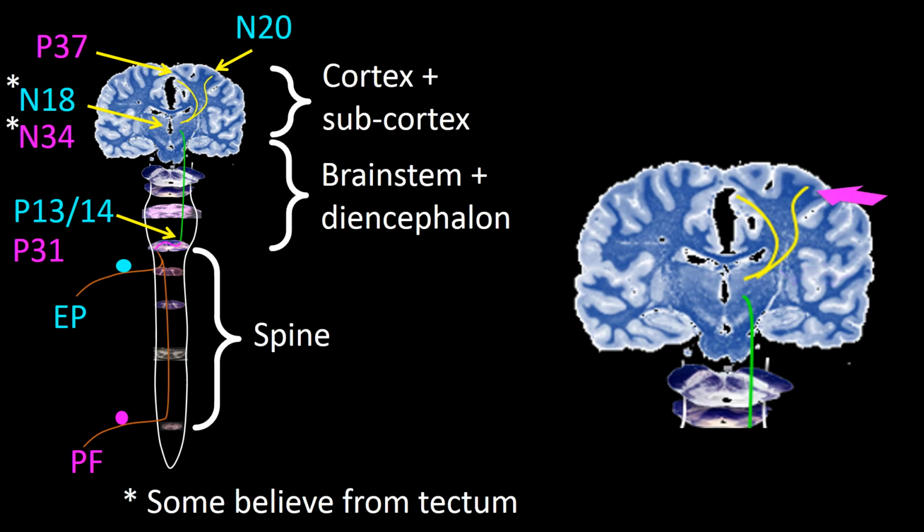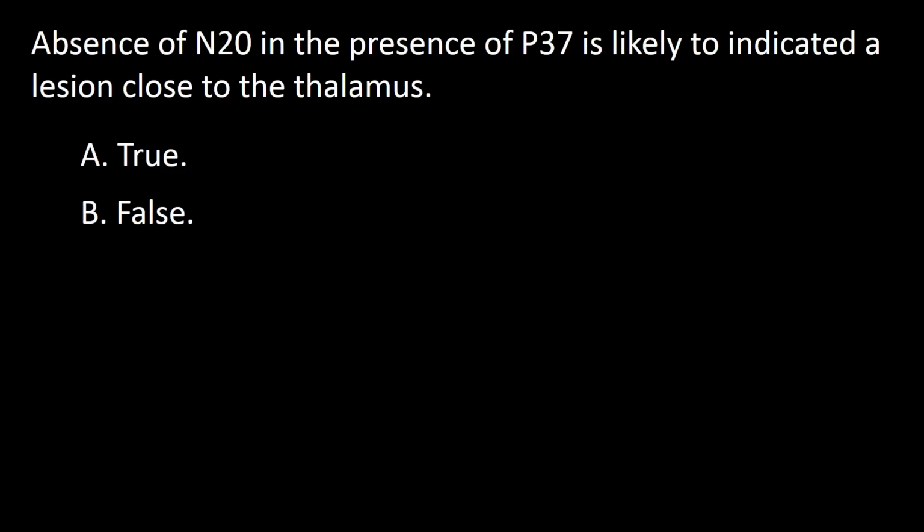Whereas a cortical lesion involving the lateral hemisphere is likely to produce an abnormality only in the upper extremity somatosensory evoked potential with normal P37, and a cortical lesion involving the mesial aspect of the hemisphere is likely to produce an abnormal lower extremity somatosensory evoked potential and a normal upper extremity somatosensory evoked potential. So the answer to this question is false.